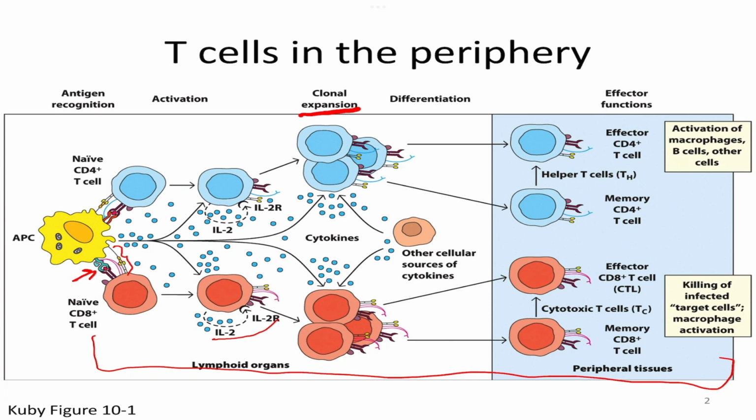Today, we're going to talk about the other side of this image, which is an understanding of the details of activation, differentiation, and effector function of CD4 positive T cells.